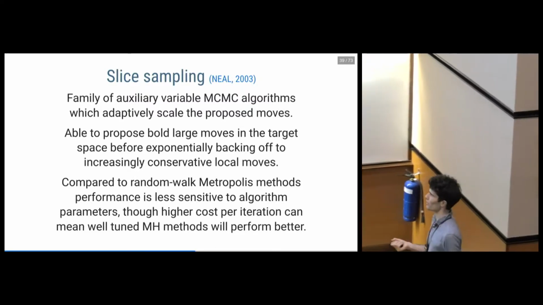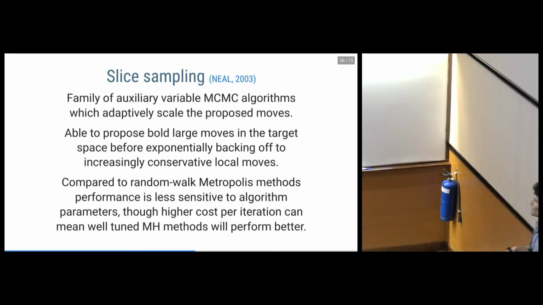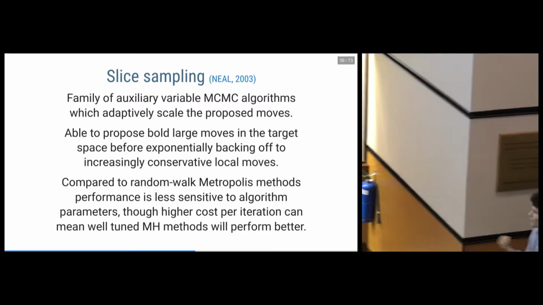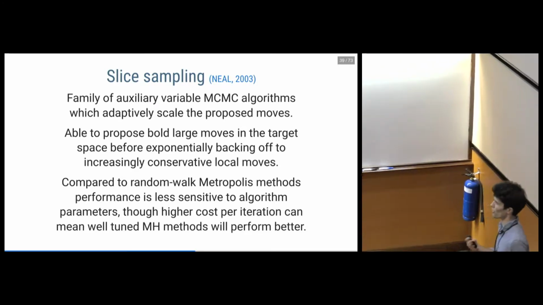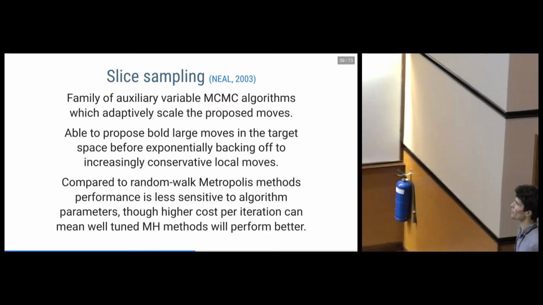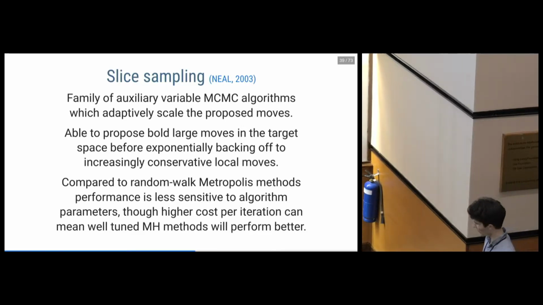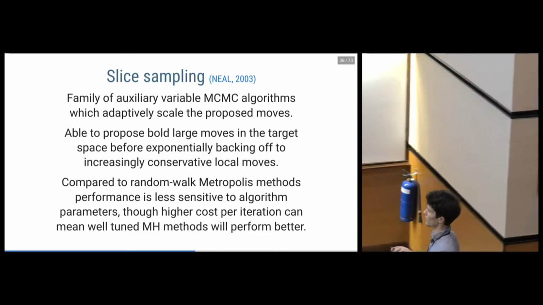So slice sampling is not a panacea. Its main advantage, I would say, is that it's a fairly black box way of getting reasonable performance and being fairly robust to the choice of the few tweak parameters that it has. We'll see that borne out in practice in the experiments.